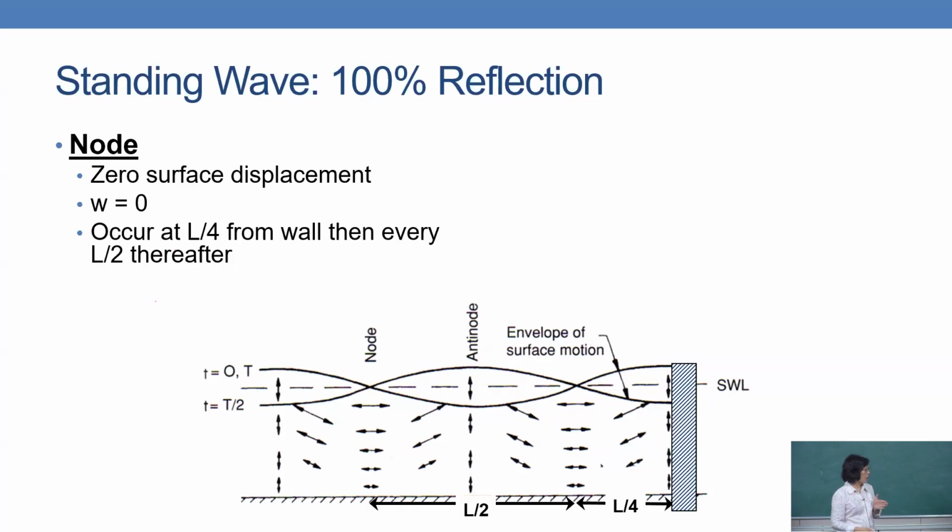Normally it's a quarter of the wavelength from the wall, and then you are able to see that first point over here. Then of course, the next one will be the half. The total will be half of the wavelength.